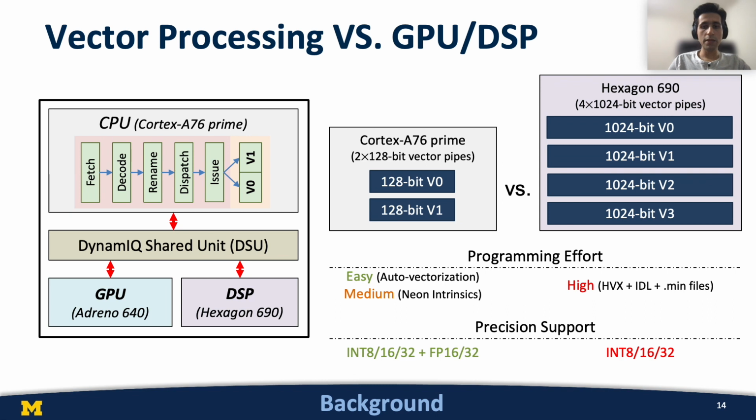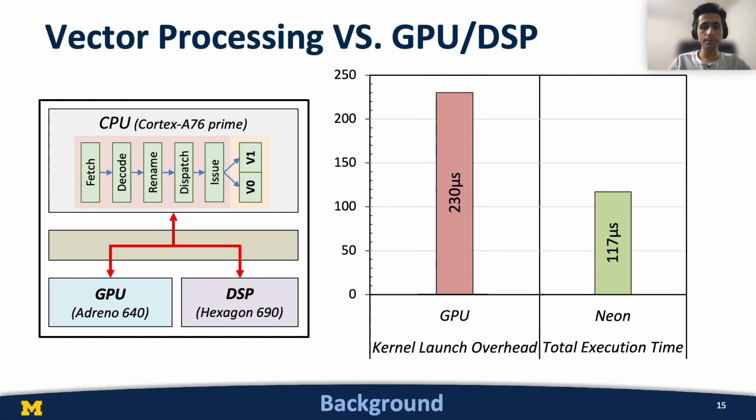However, programming DSP is very complicated and requires the knowledge of Hexagon vector extension APIs, interface description languages, and sophisticated makefiles. In addition, DSP vector extension only supports fixed-point arithmetic, while ARM Neon supports half and single precision floating point operations. Another problem with the domain-specific accelerators is that they are loosely decoupled from the CPU cores.